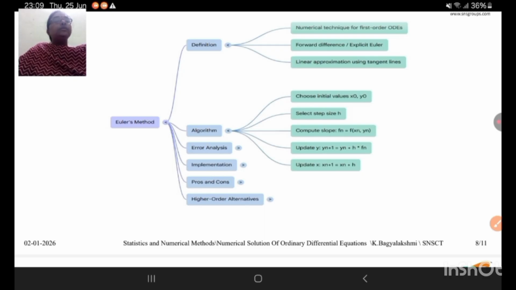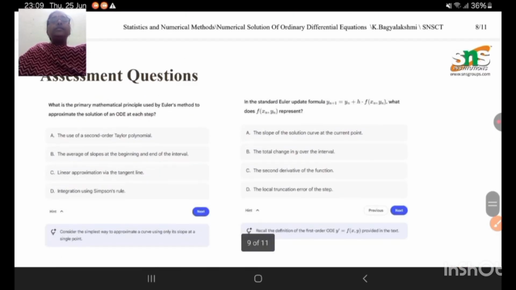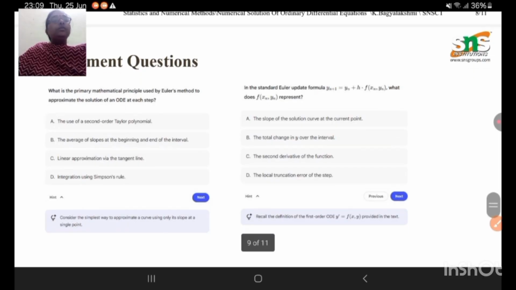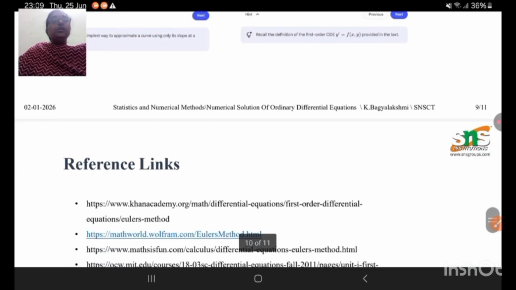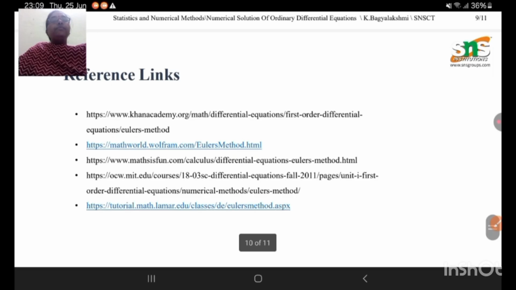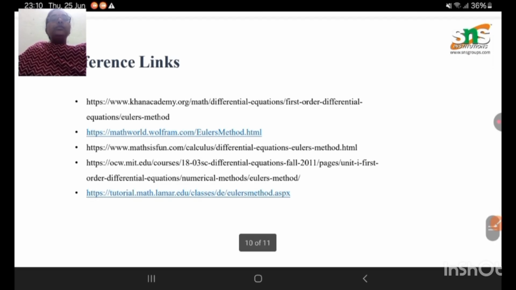In the algorithm, the step-by-step process was also discussed. Some assessment questions based on this are given, and also some reference links to learn more examples and case studies based on this method.